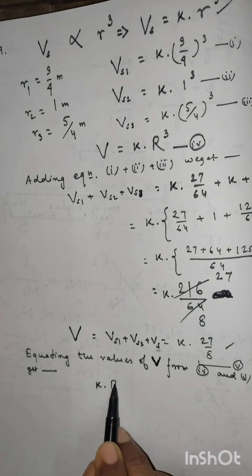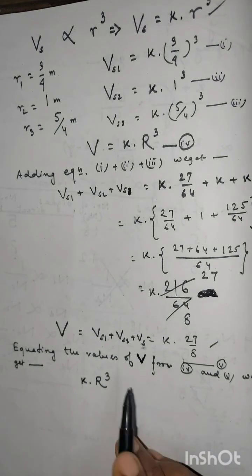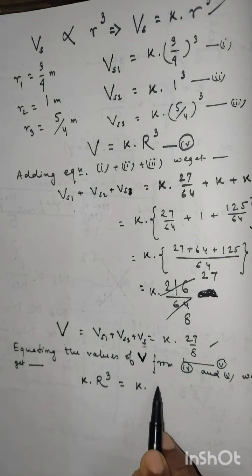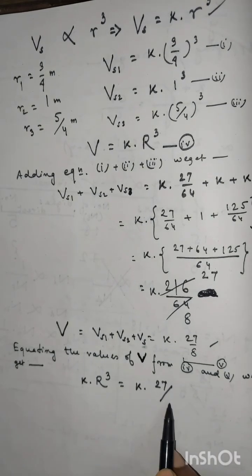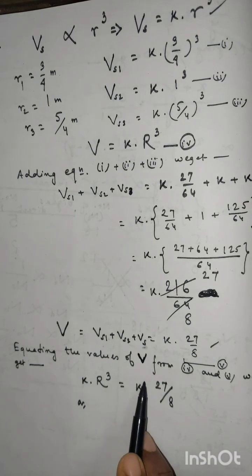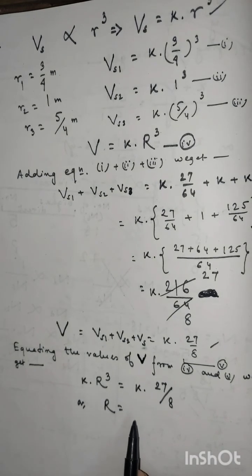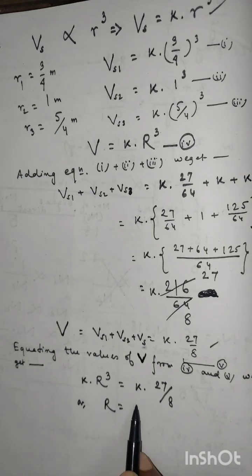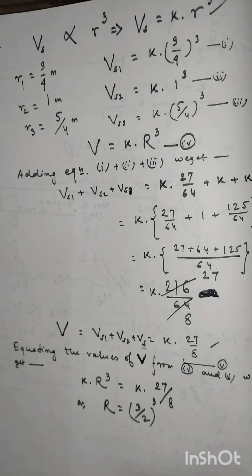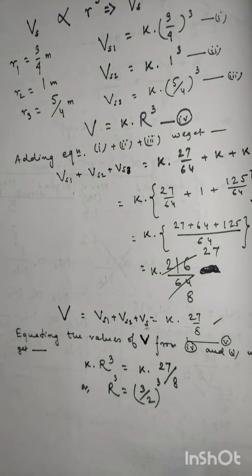k into r cube equal to k into 27/8, or we can cancel k, so r cube equal to 3/2 whole cube.